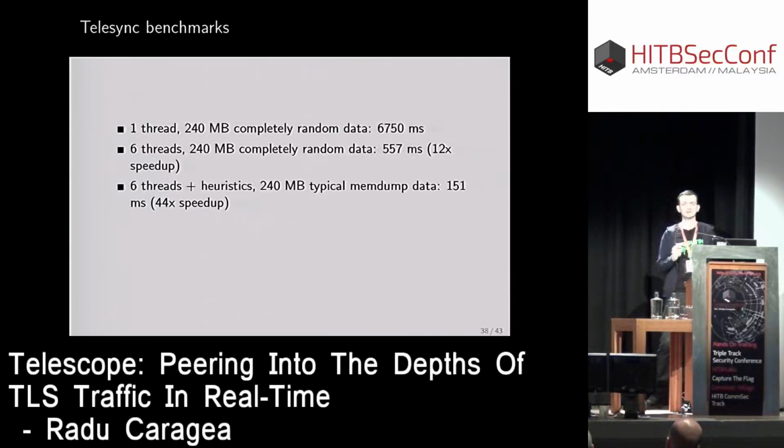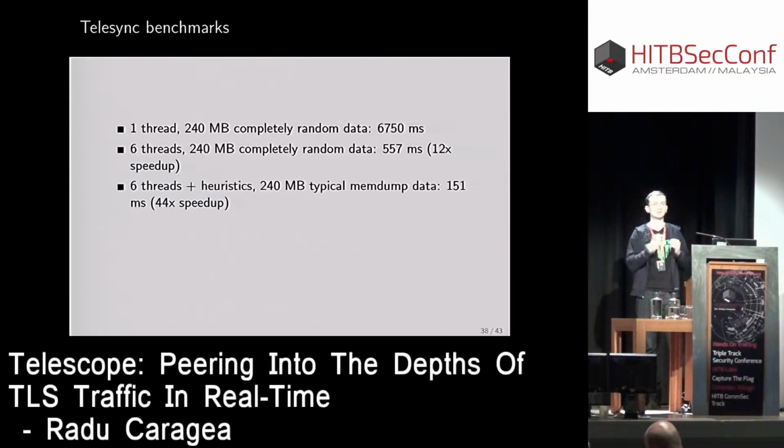And another thing is that when you do a micro memory dump, or any memory dump, it's not completely random data. It has structured and low entropy data. It has lots of paddings, lots of text. The keys from the key material have some good statistical properties.